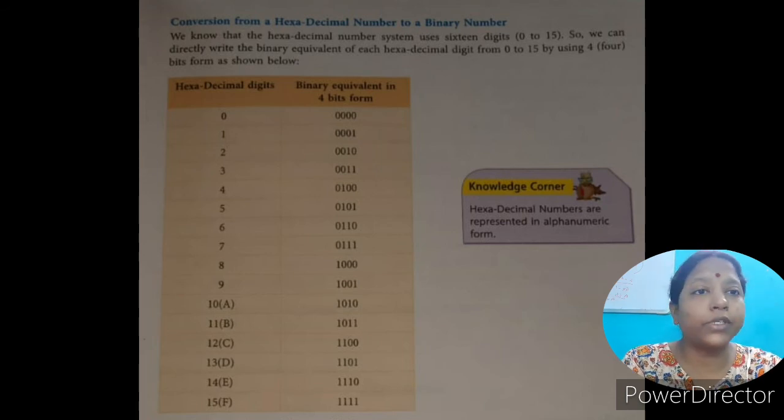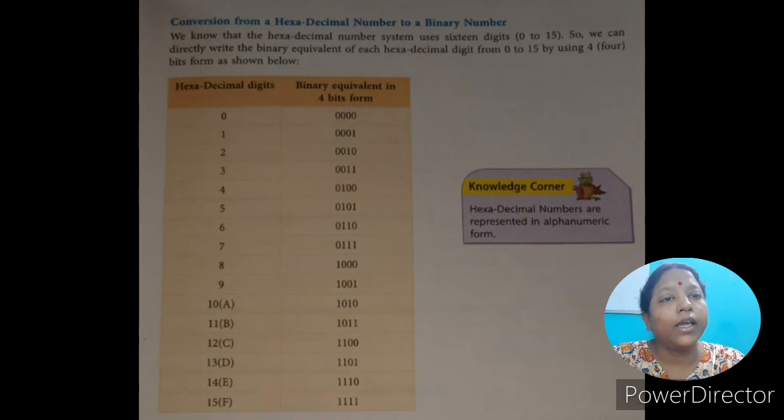10 in hexadecimal number system is represented as A and its binary equivalent is 1010. 11 represented as B and its binary equivalent is 1011. 12 is represented as C and its binary equivalent is 1100. 13 as D and its binary equivalent is 1101. 14 as E and its binary equivalent is 1110. 15 as F and its binary equivalent is 1111.